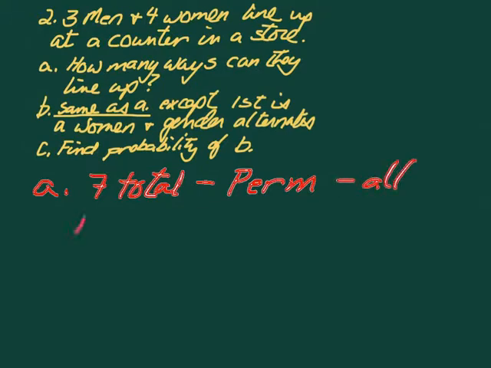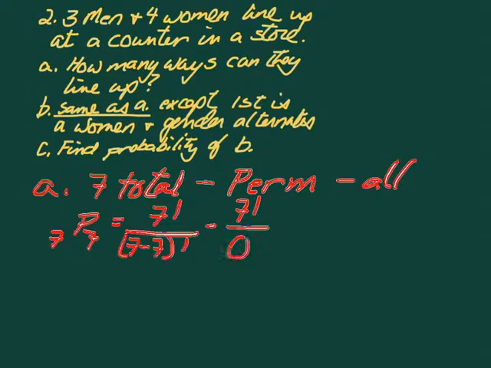And so therefore we could write this as a permutation of 7 choose 7, which is equal to 7 factorial over 7 minus 7 factorial, which is 7 factorial over 0 factorial, or it's just 7 factorial, because 0 factorial is 1. And so then we could multiply that out. That's 7, 6, 5, 4, 3, 2, 1. Multiply that and get our solution.